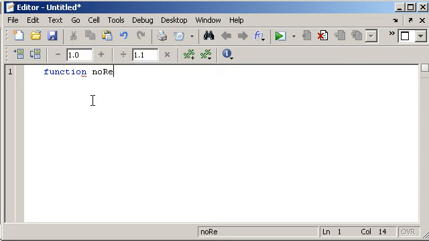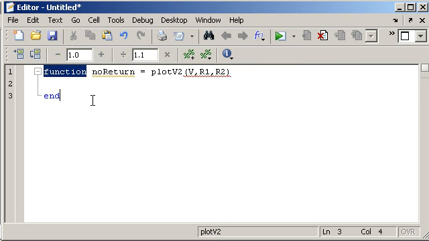The return equals plot v2, and it's capital V, capital R sub 1, capital R sub 2, and I got to end a function, and then the meat of it goes up in here.